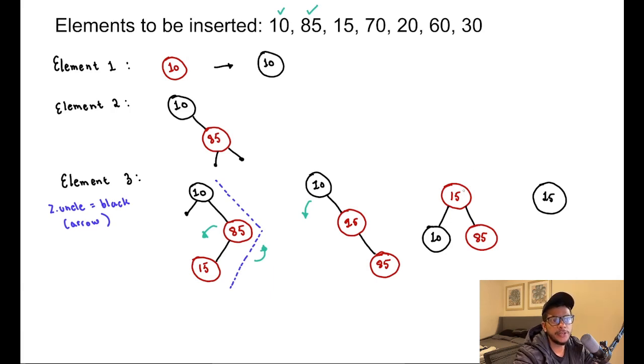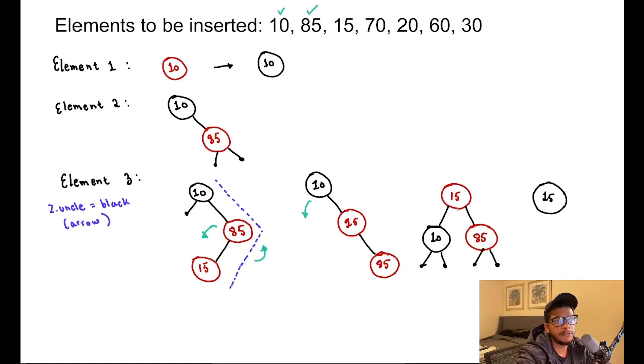Because if we traverse the left subtree of 15, then it's going to have one black node as an intermediary node. So what we have to do is we also have to change the color of node 10 in this case, in order to ensure that we have the same number of black nodes between any node and the null nodes over here. So these are the null nodes, right?